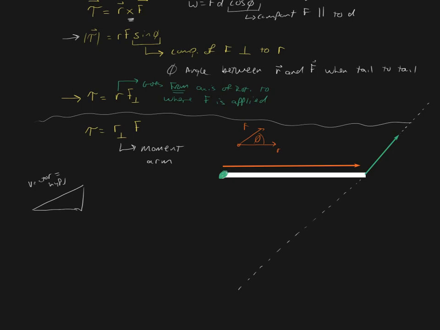So if I draw my components on here, then the vector is going to have to look something like this. See, I need it to be perpendicular to my line of action. There's perpendicular and here's parallel. Okay, so here's perpendicular. This is called the moment arm. This is R perpendicular, and that's what we are interested in.